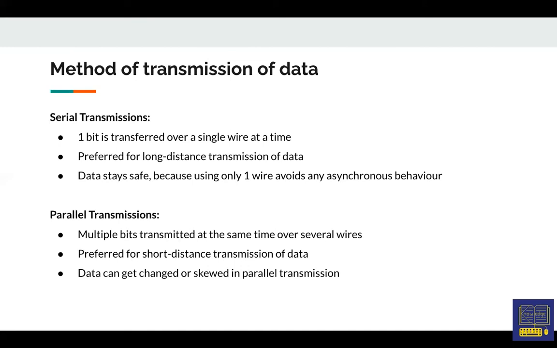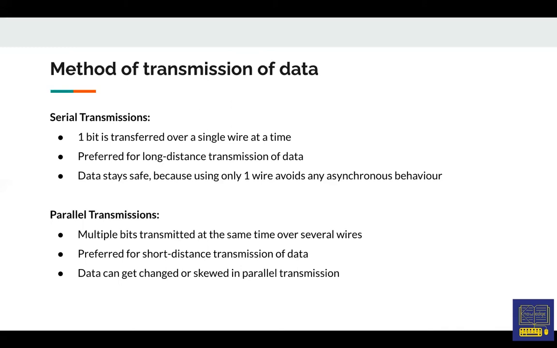So there is a chance that your data can get skewed or changed when you're sending so much data, especially if you're sending it to a very far away place. So if it's some kind of long distance transmission, we prefer sending the data one after the other instead of all together, just to ensure that there is no misinterpretation of data because there's so much data all at the same time.